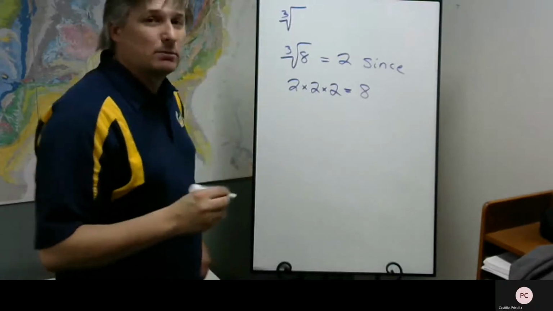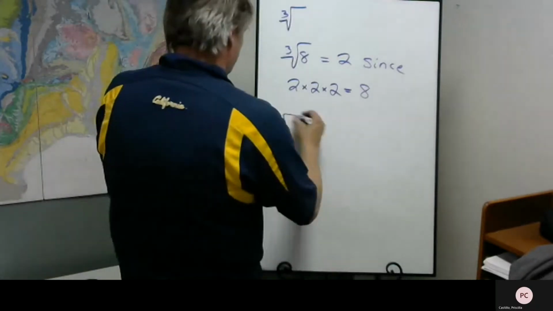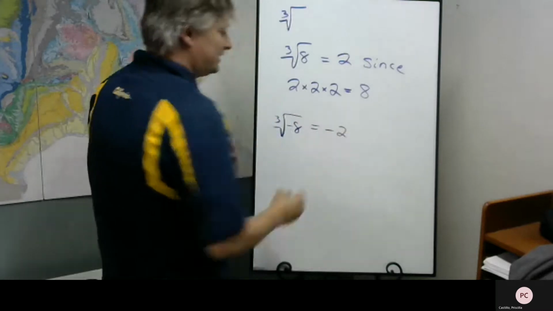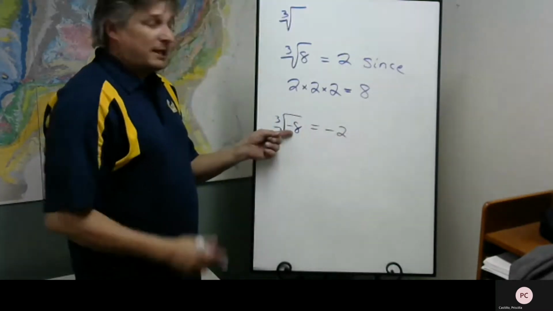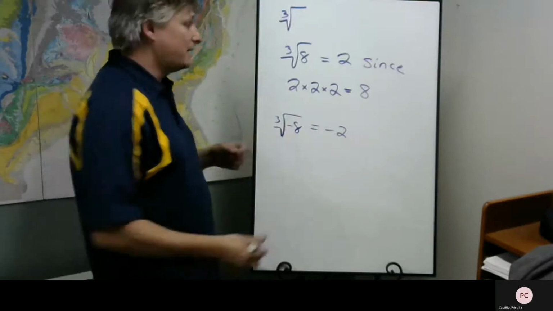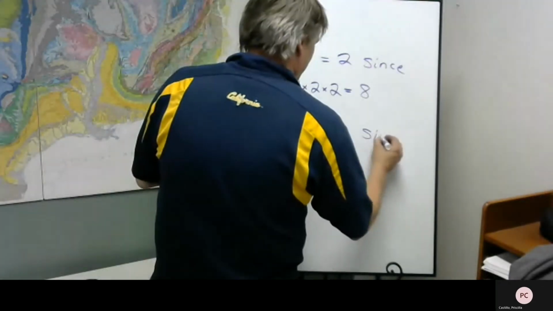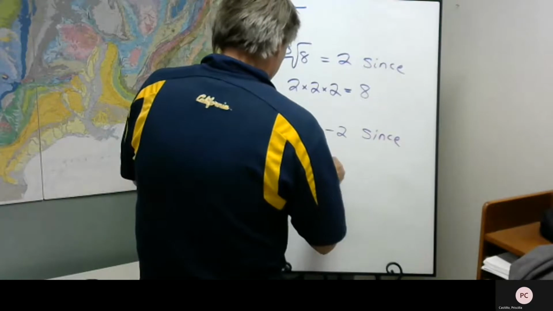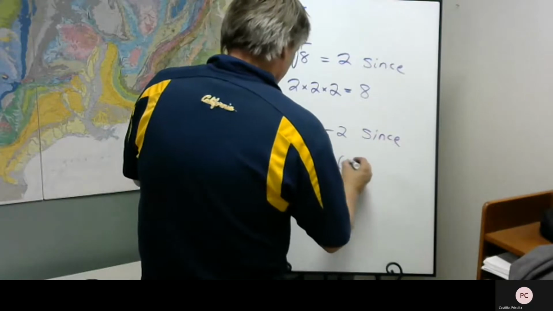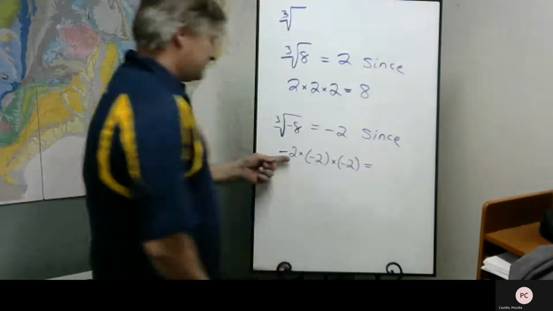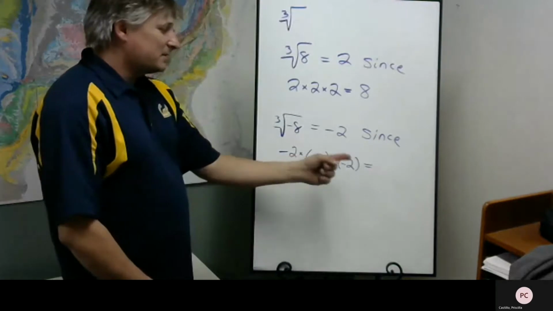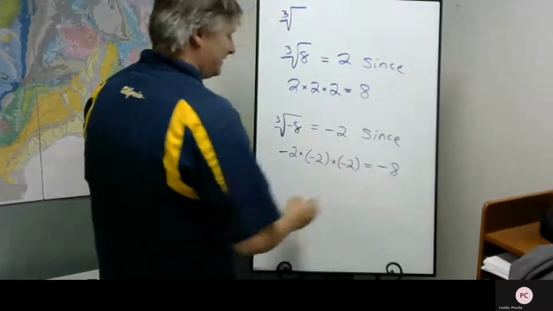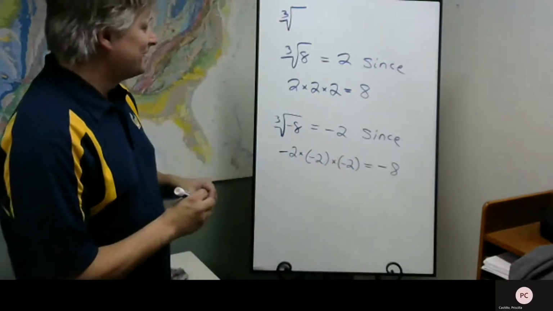But here's the thing about cube root and negatives. This is equal to -2. You can have a negative on the inside since same number, same number, same number gives you -8.